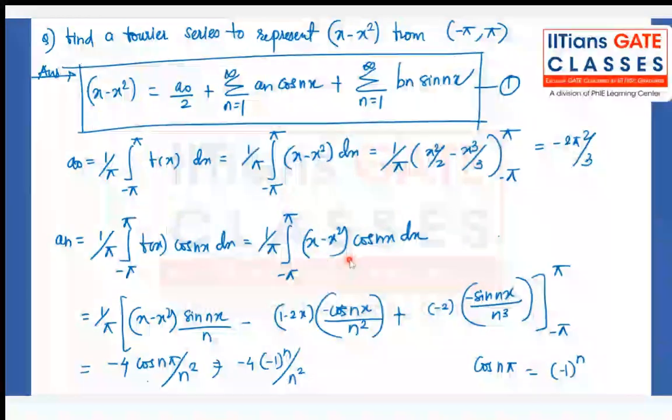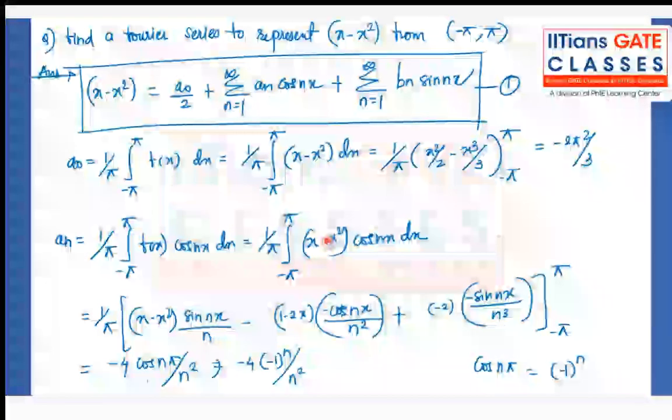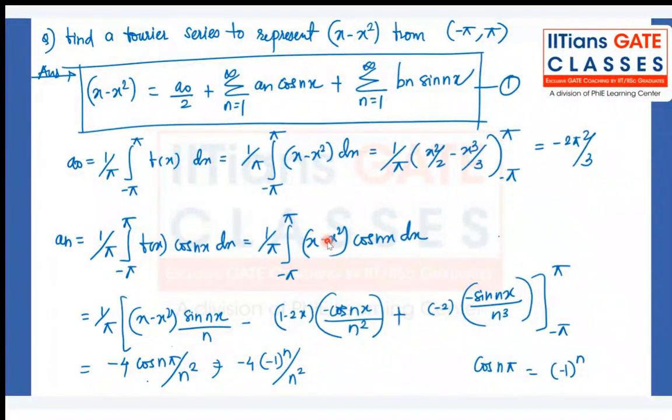Okay, let's keep it. So let's use the u into v formula, integration by parts. In by parts, you use the ILATE rule. First you will use algebraic and then trigonometric. So your u is the x minus x square function.